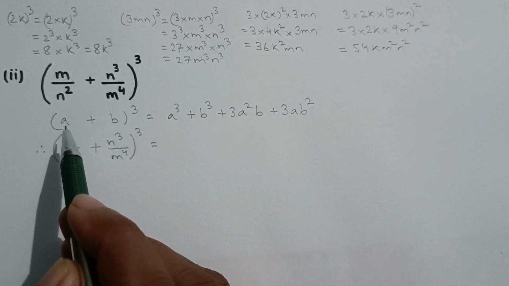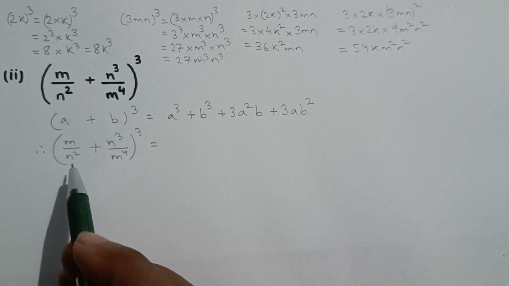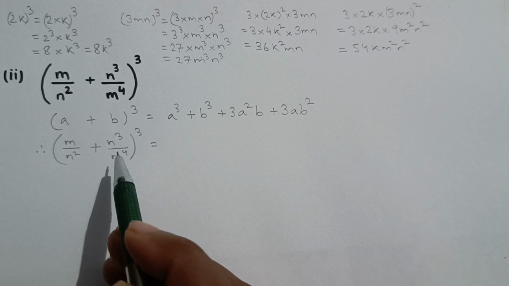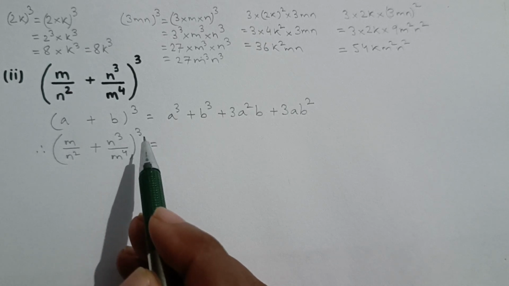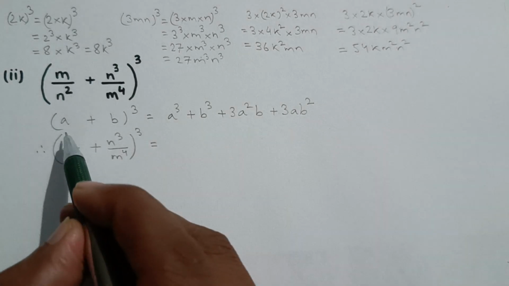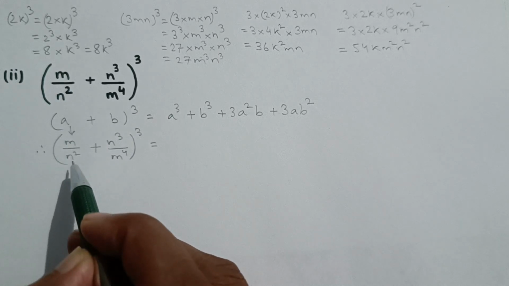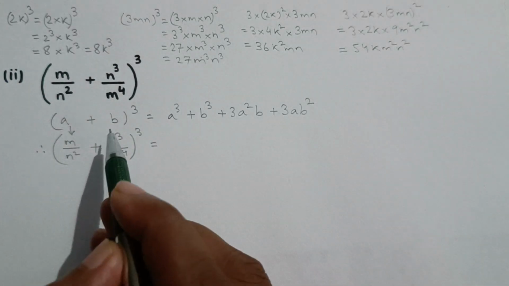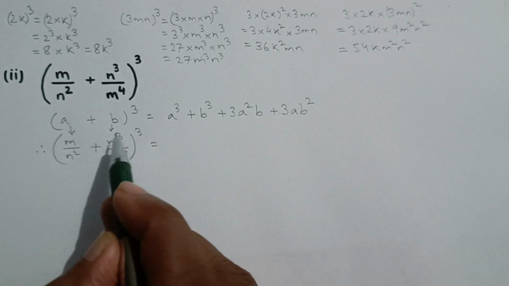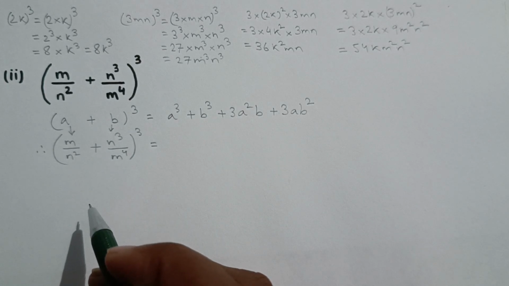So if I compare a plus b whole cube with m upon n square plus n cube upon m to the power 4 whole cube, here a corresponds to m upon n square and b corresponds to n cube upon m to the power 4.